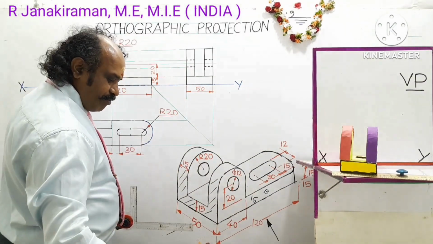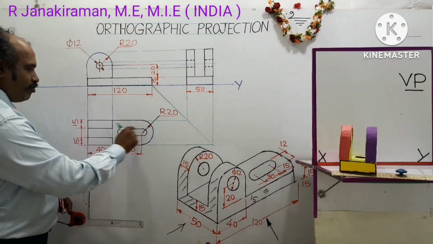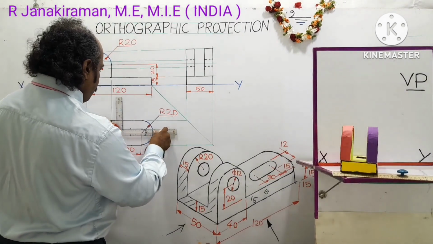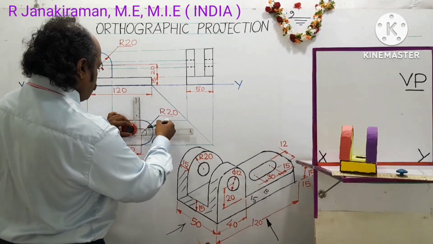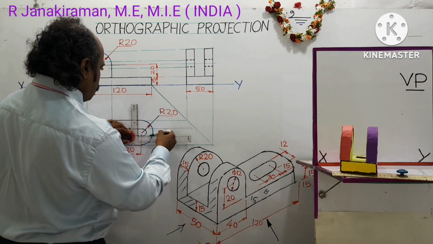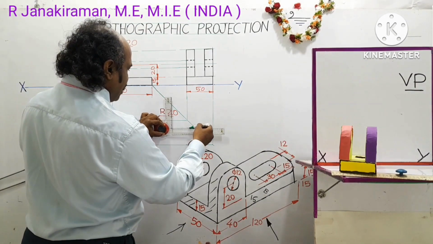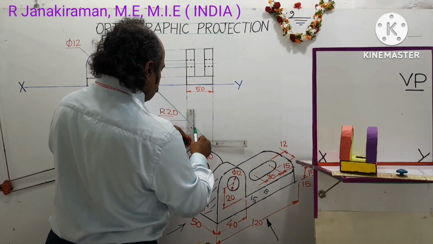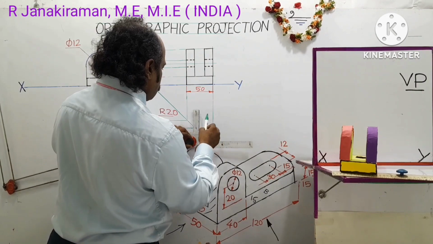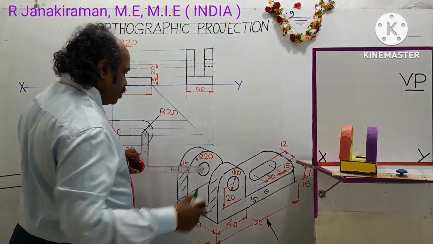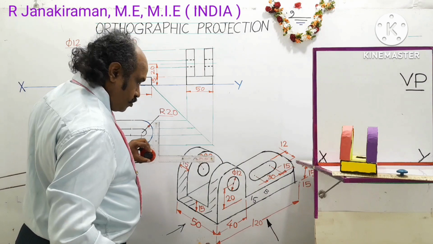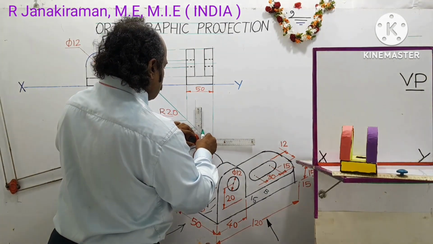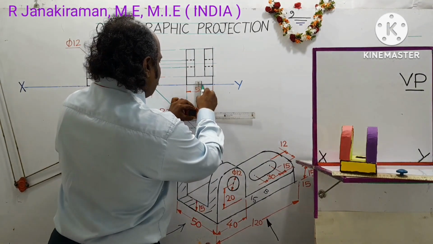Draw a horizontal projector from the previous top view, from this hollow part. So draw the horizontal projector using a 2H pencil. Where it intersects with the miter line, there you draw a vertical projector.